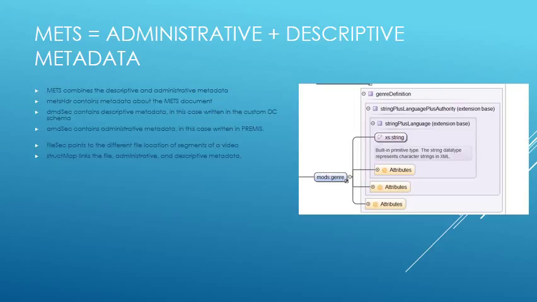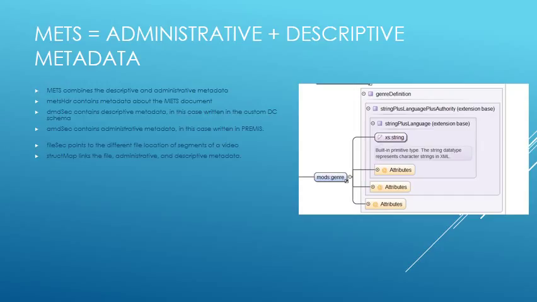And METS is the combination, each METS instance is a combination of the administrative and descriptive metadata. Each METS file, the way I implemented it, describes one particular object in the system. So it applies to one documentary.